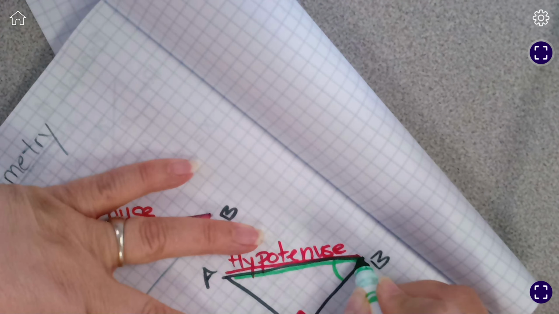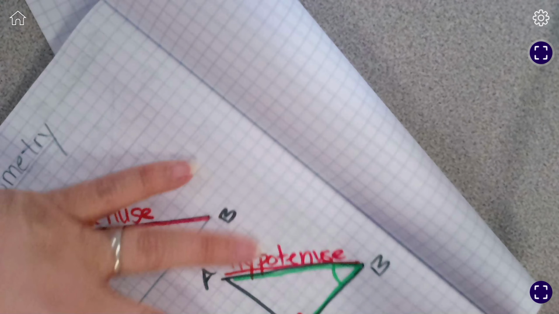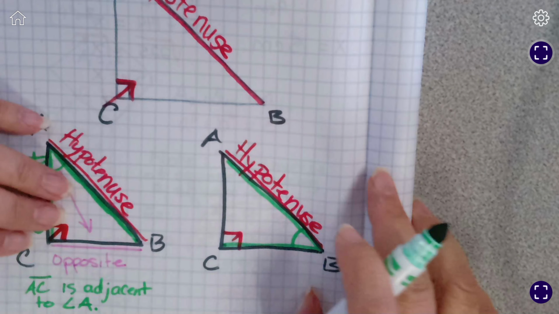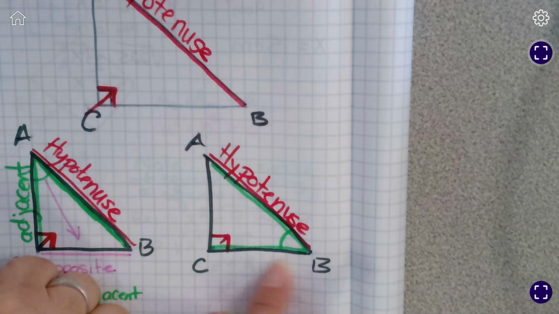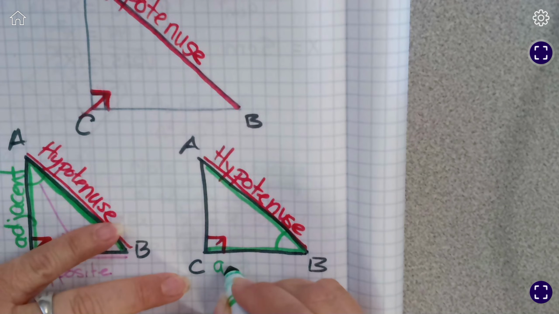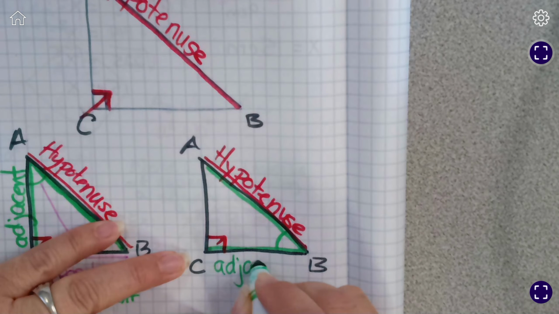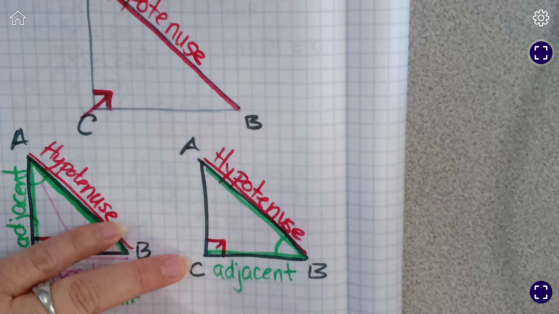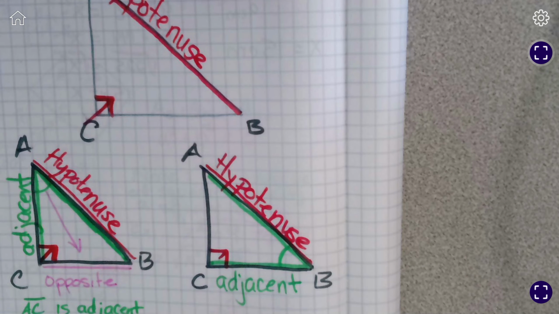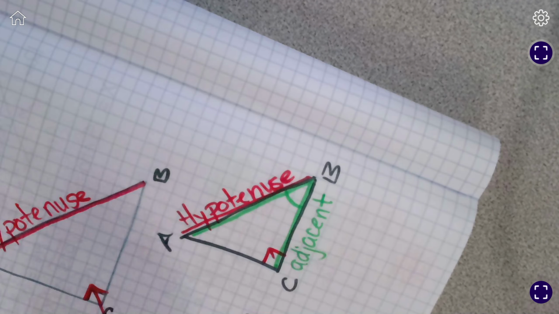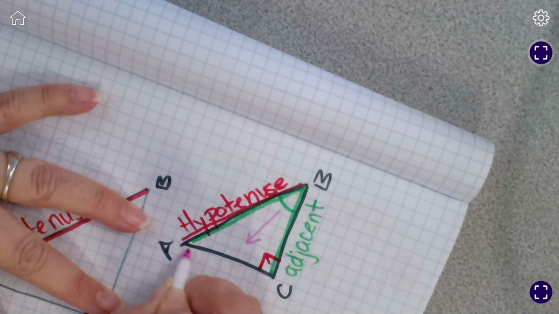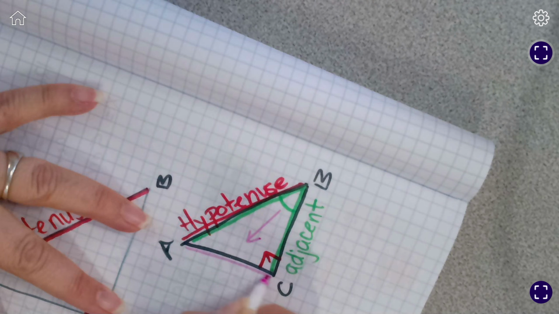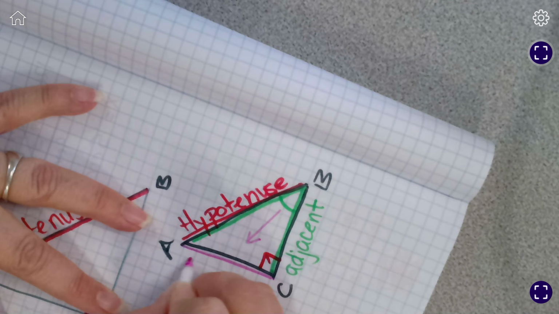There's the one ray, there's the other ray that make up this angle. Now, for angle B, this one is adjacent. So BC is adjacent. And AC is now here. AC, this side here, is the opposite.